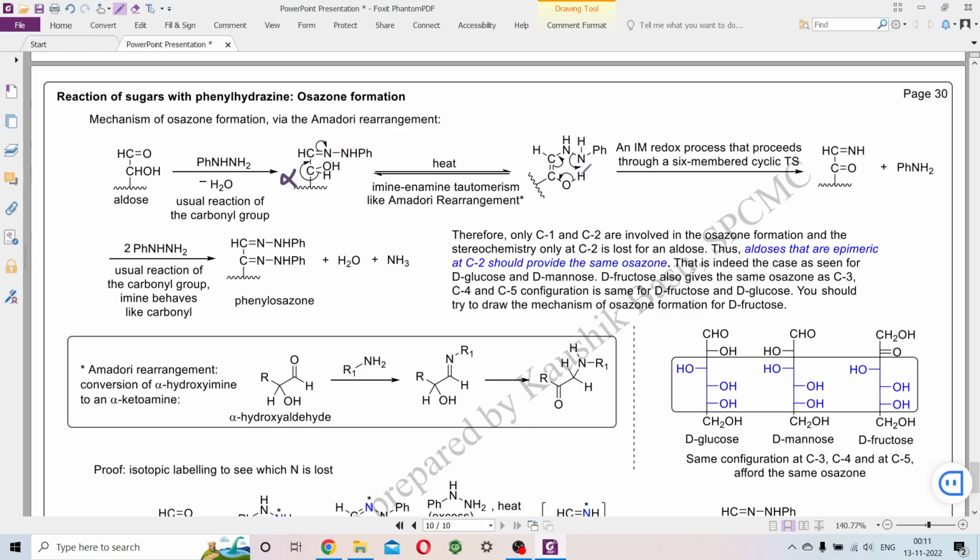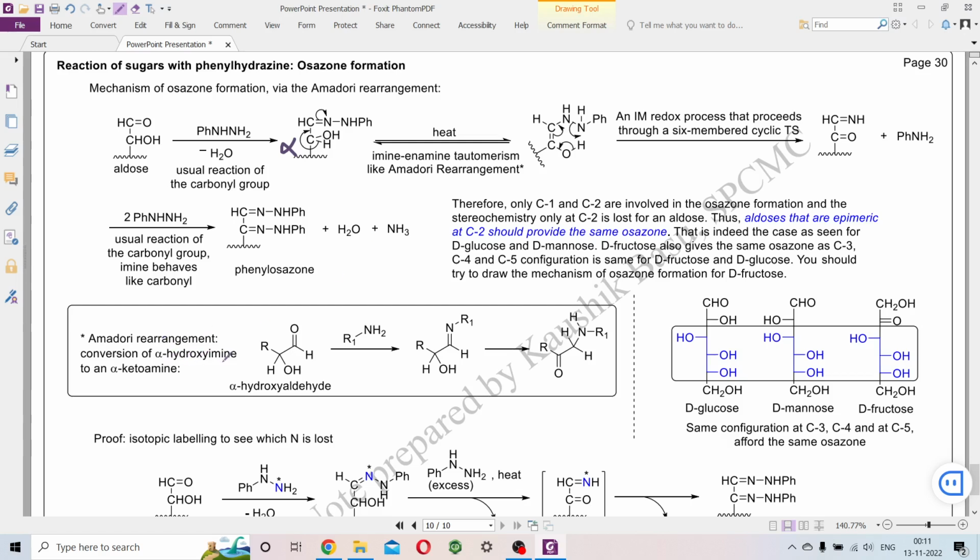Once that has happened, this is also akin to the Amadori rearrangement. Amadori rearrangement is the conversion of an alpha hydroxy imine into an alpha ketoamine. So you have an alpha hydroxy aldehyde which reacts with a primary amine to give you the alpha hydroxy imine. If you look carefully, this hydrogen can migrate and put a double bond here, going over to this nitrogen.